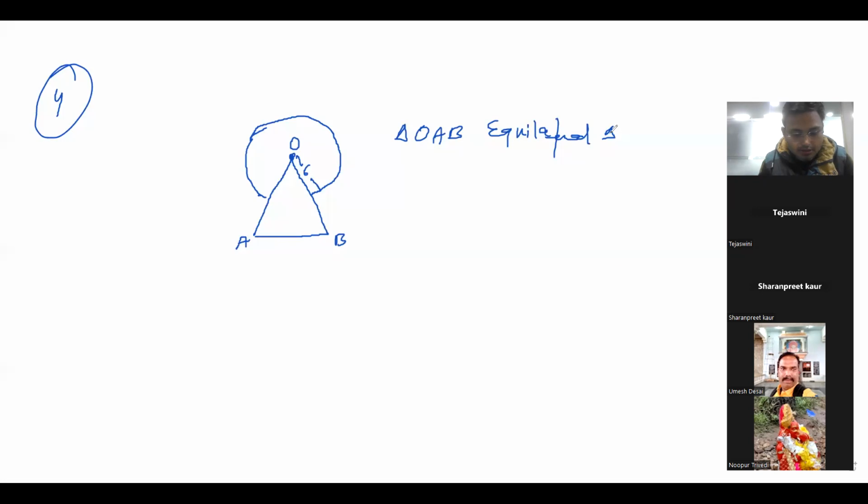So now, if this length AB is 12 centimeter, you have to let me know what is the area of this shaded region. This whole region actually I'm asking. How can we solve this one? Area of major sector plus area of equilateral triangle.